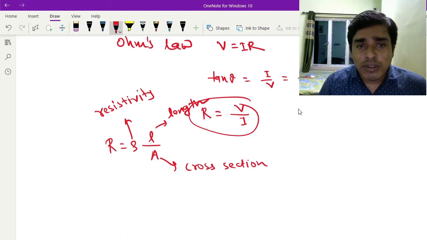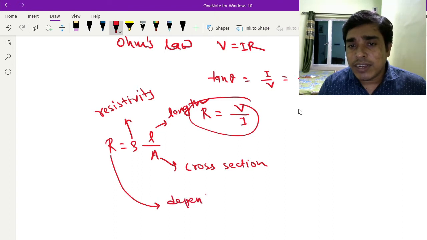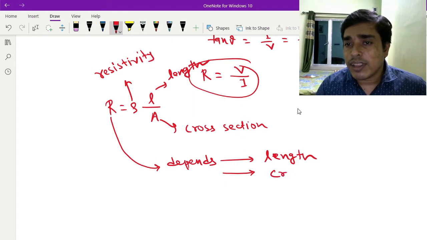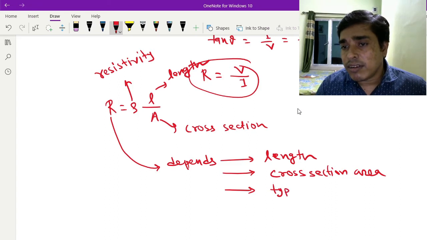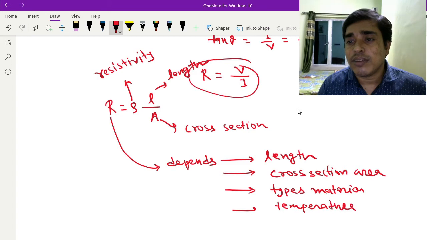So resistance depends upon length, cross-sectional area, the type of material, and also temperature.